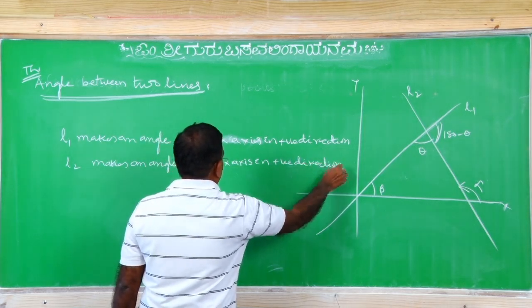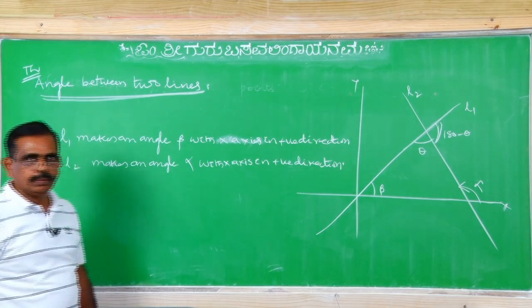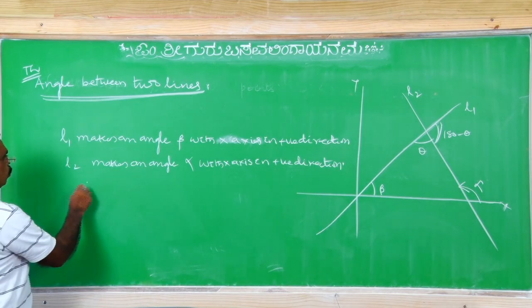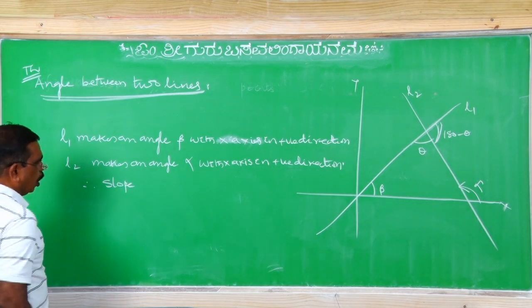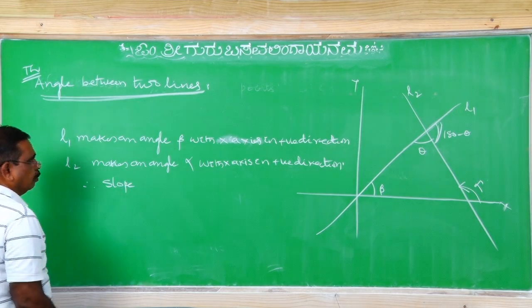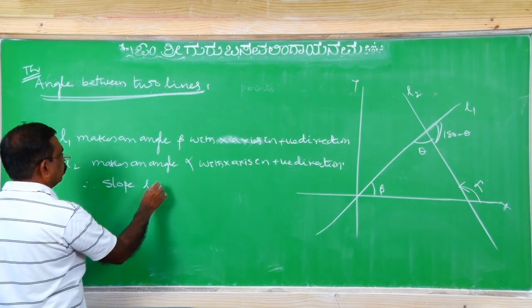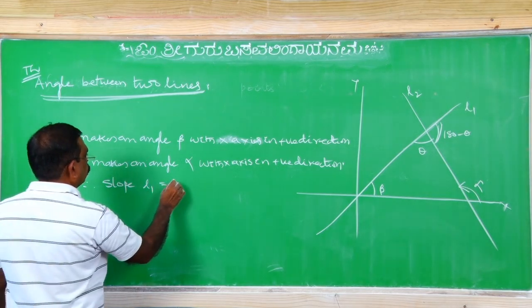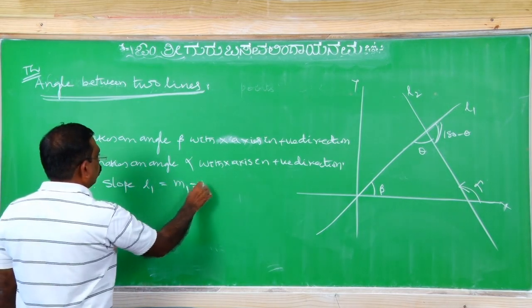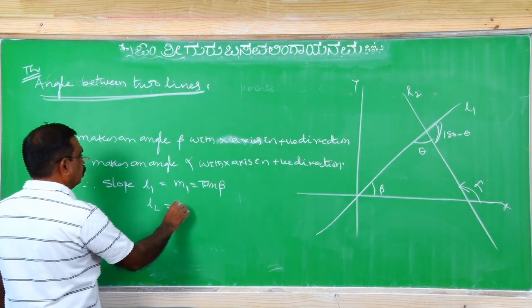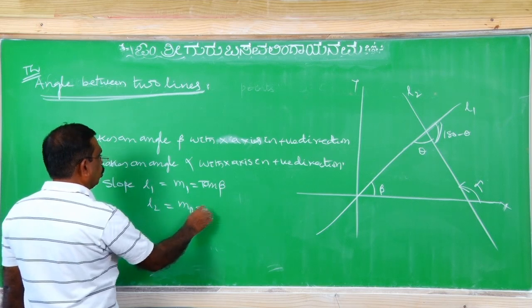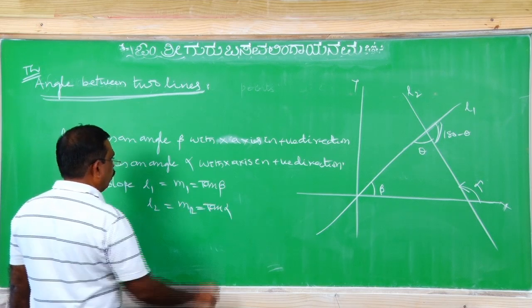Positive direction means anti-clockwise direction. Therefore, slope of L1 is M1 is equal to tan beta. Next, L2, M2 is equal to tan alpha.